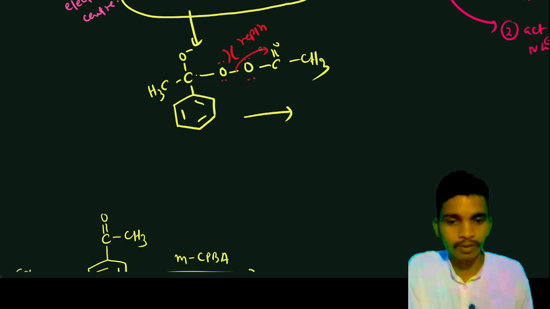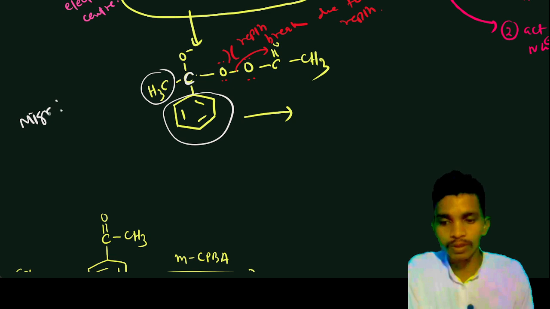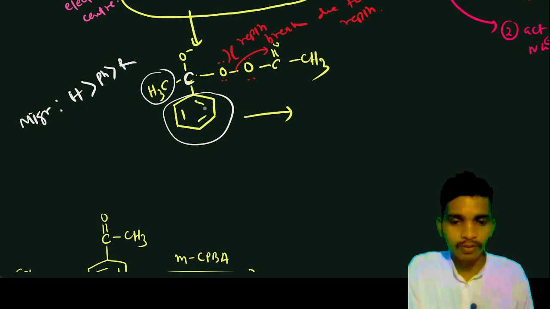So in this carbon, which is the more migratory group? CH3 is there, phenyl is there, and this O will not. So which will migrate? The phenyl, because for migratory groups we know the order: first hydrogen, then phenyl, then alkyl groups. So this phenyl group is going to migrate here, and this is going to be released.